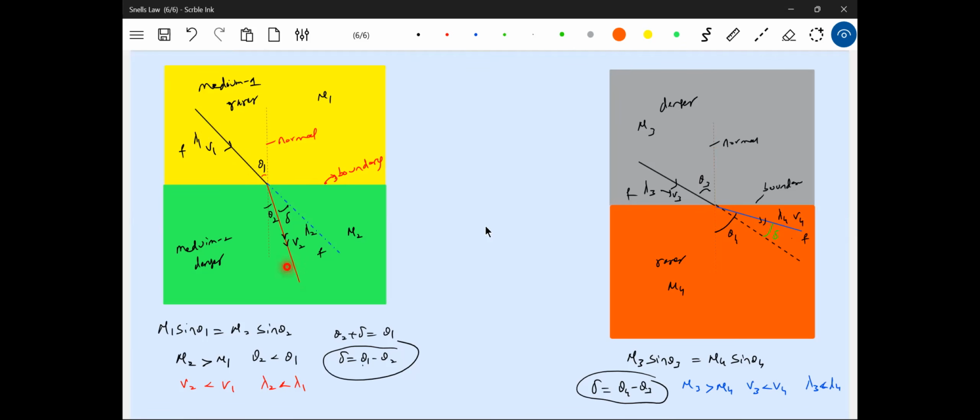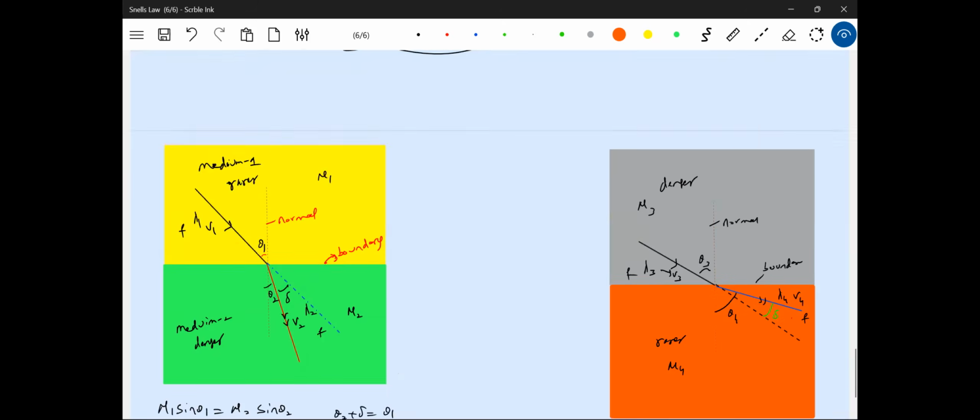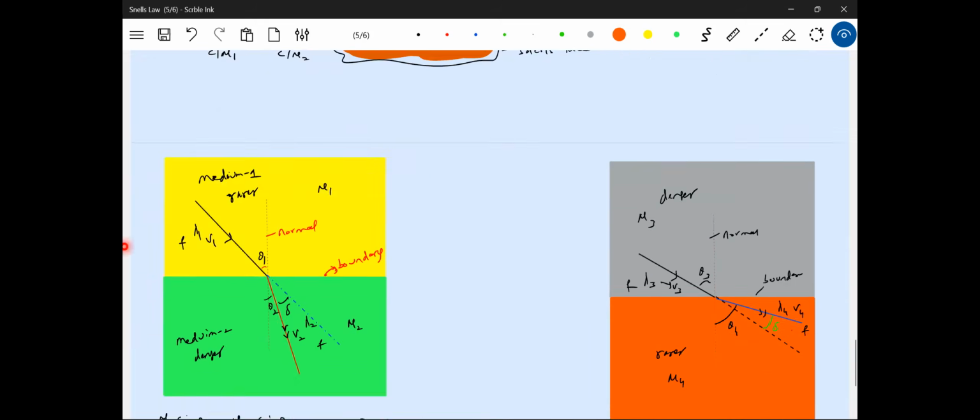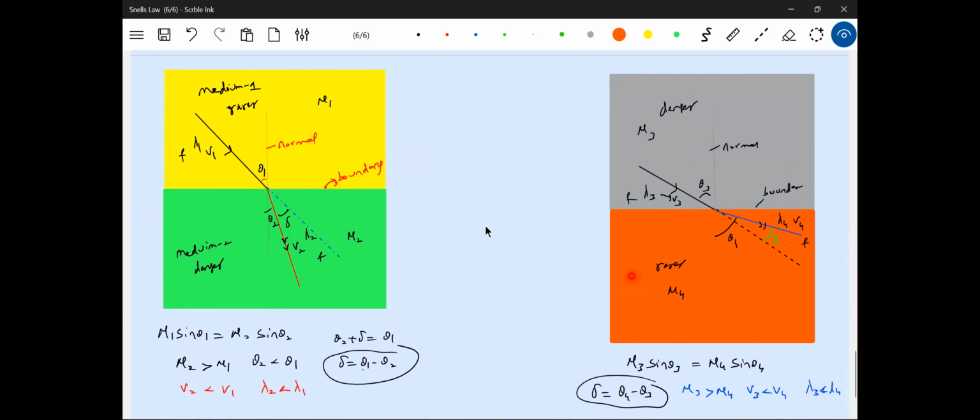Therefore it has to propagate more in the rarer medium than the denser medium. Based on this, Snell's law is derived from Fermat's principle. I'm just explaining that through the diagrams here.